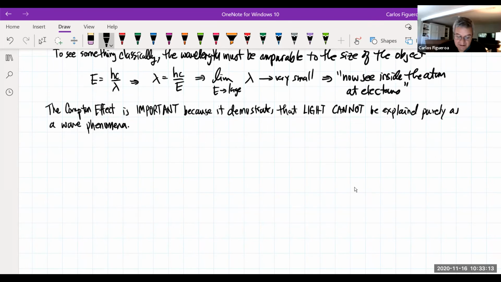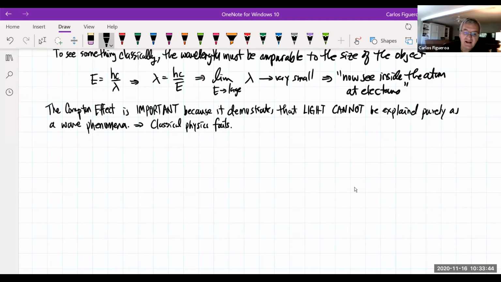So this experiment was not the nail in the coffin. The photoelectric effect was the nail in the coffin, but this solidified it without any doubt. And it tells us without any doubt why classical physics failed. Because it demonstrates it, it again points to the fact that classical physics fails.